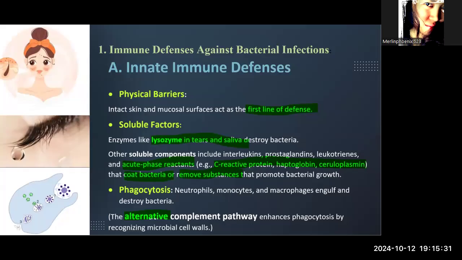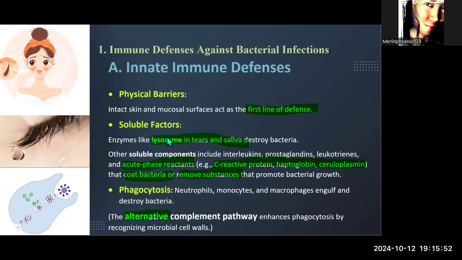Let's start with the immune defenses against bacterial infection, beginning with our innate immune defenses. The physical barriers, of course, are the skin and the mucosal surfaces. Intact skin and mucosal surfaces serve as the first line of defense against pathogens.